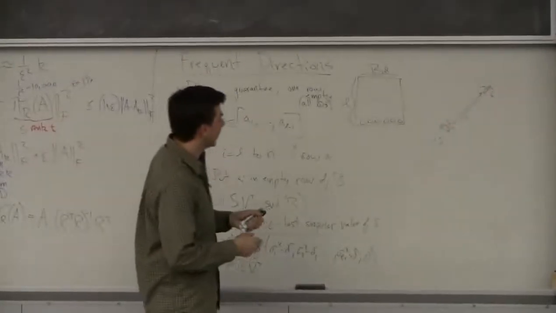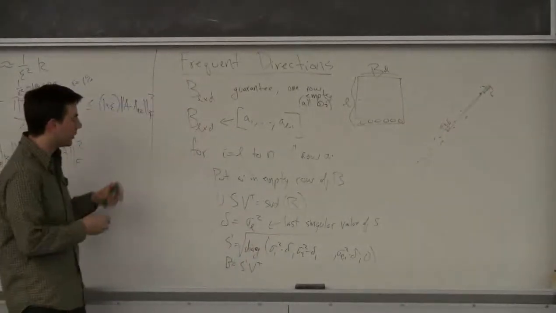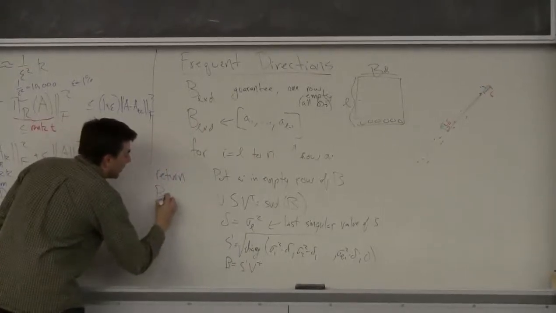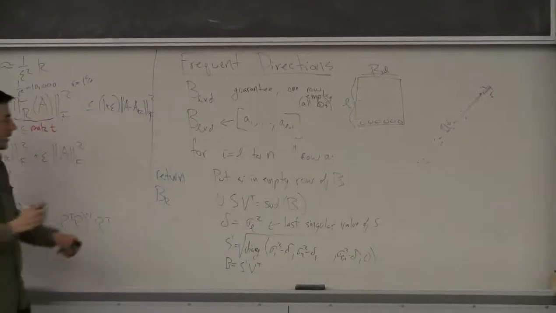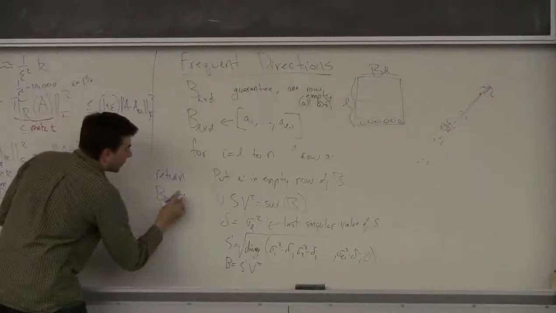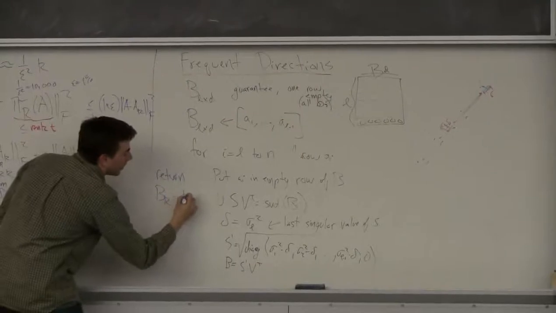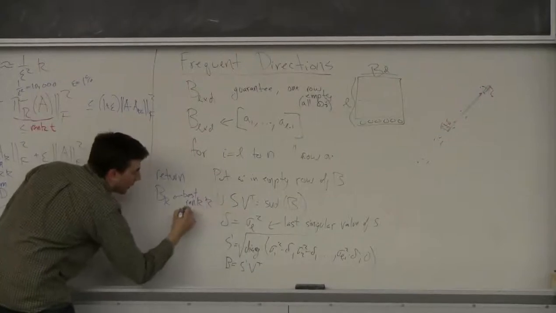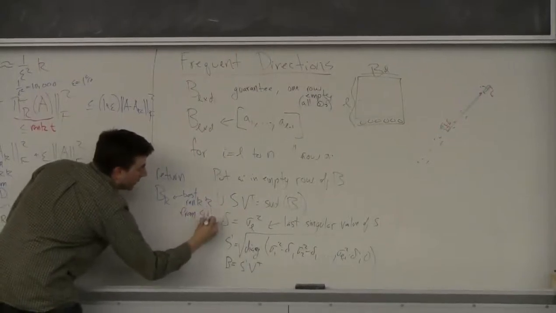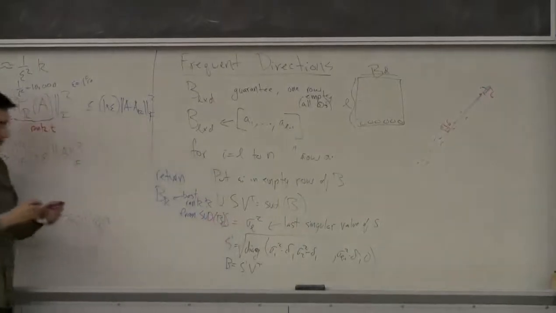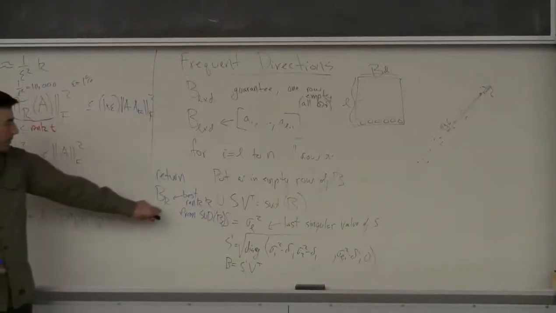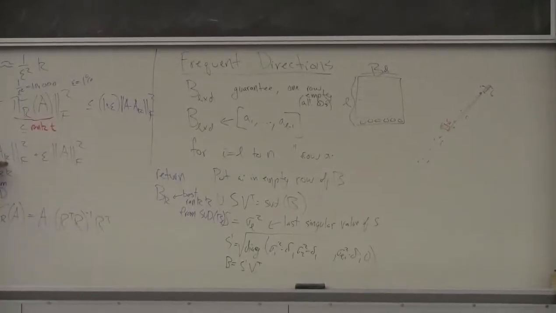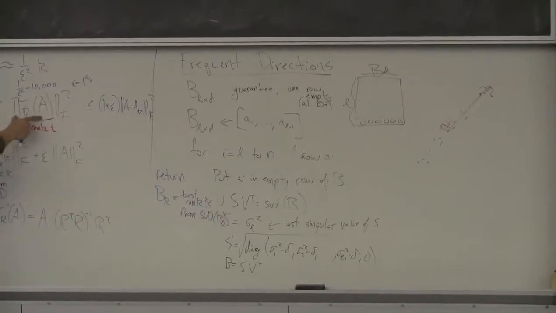I'm going to get B, but actually the thing I want to return is BK. If I took the SVD, this is the best rank K from the SVD of B. So I just want to return the top K rows, and now this will be the same rank as the matrix I wanted, A sub K. Whereas before, this was some much larger rank.